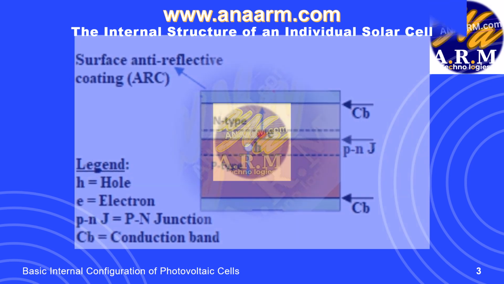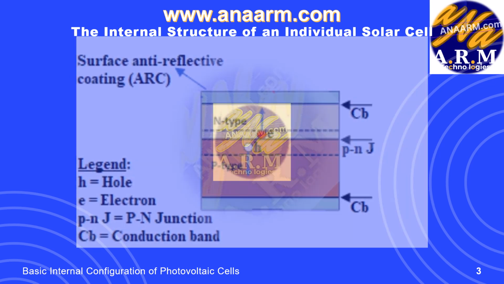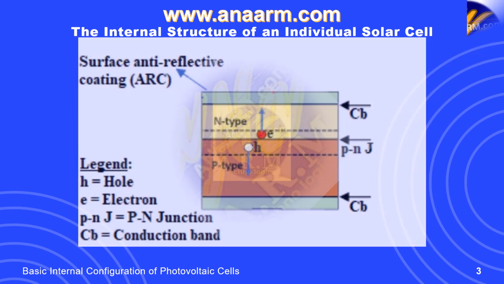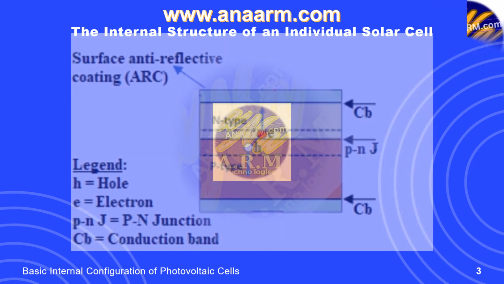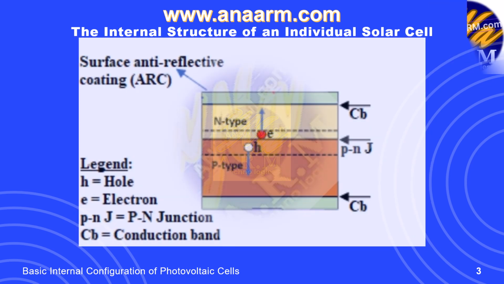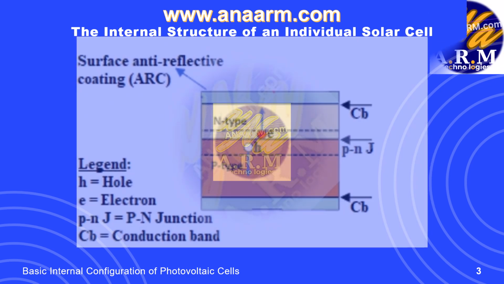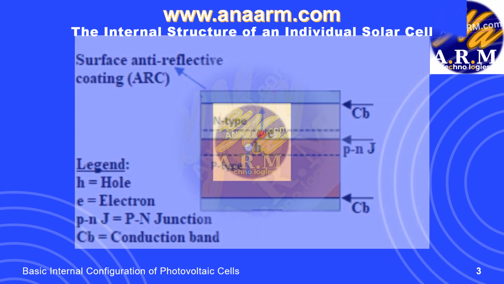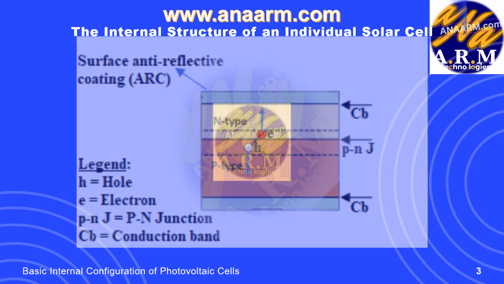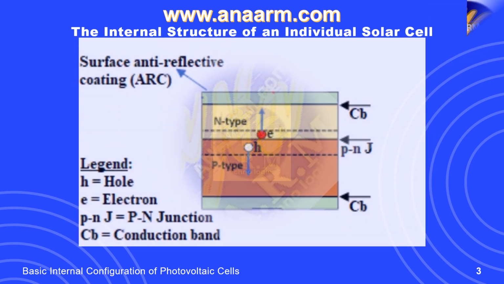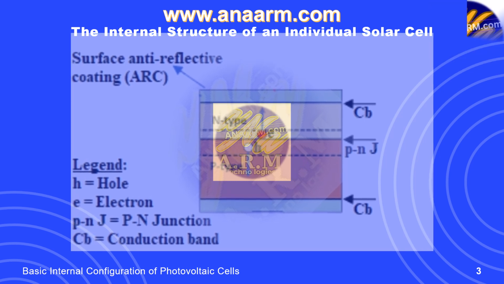The front contact is a thin metallic grid that allows sunlight to pass through while collecting electrons. Whereas the back contact is a solid metallic layer that serves as the return path for current.